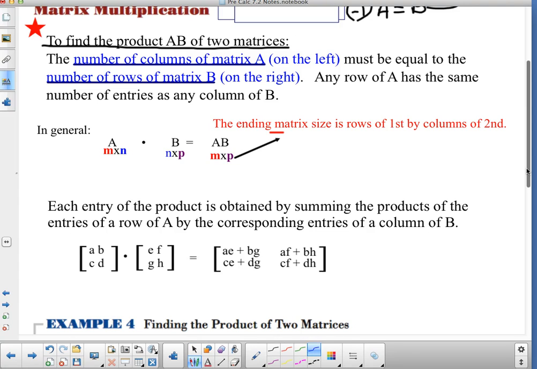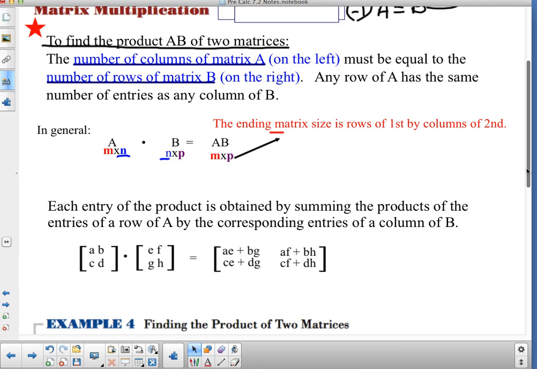The columns and rows must match, and order matters. If I multiply A times B, I'll get a different answer if I multiply B times A. Okay, but we'll talk about that in a little bit too.